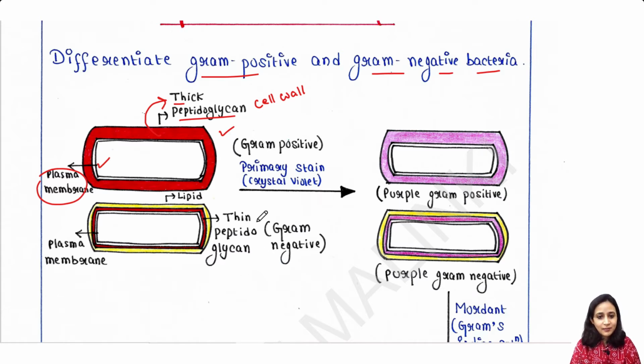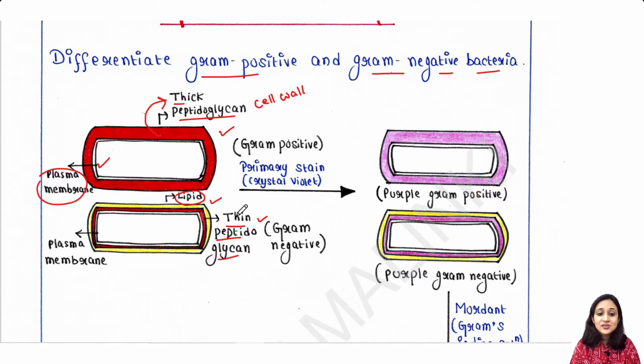In case of gram negative, you can see that the peptidoglycan layer is very thin. So this red part is the peptidoglycan layer, that is a very thin layer, unlike gram positive bacteria. And one more thing, it has an extra lipid layer present outside the cell wall.